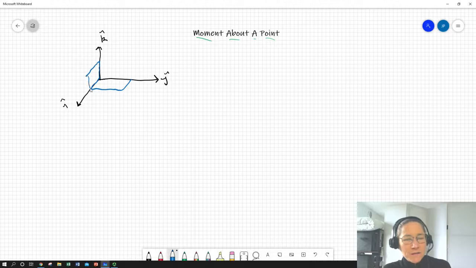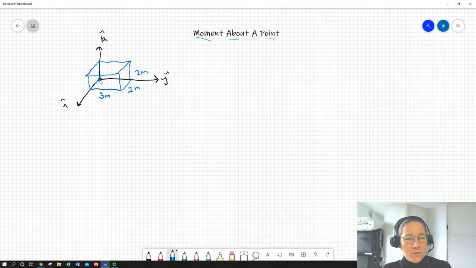Buildings, lots of things kind of take this shape. This is not great artwork, but it doesn't have to be. So we'll assume that this direction is 3 meters, this is 1 meter, and this is 2 meters.